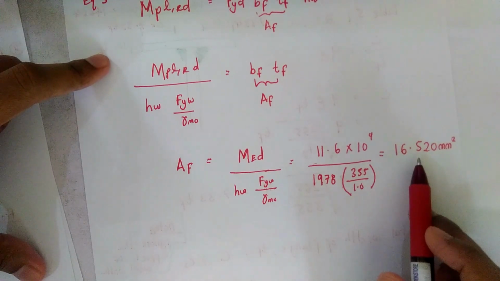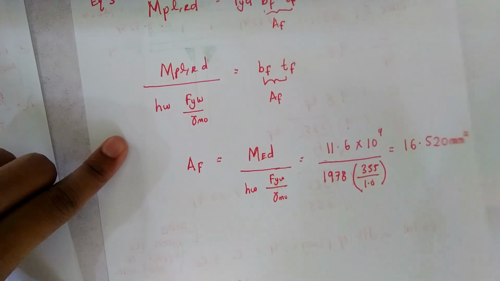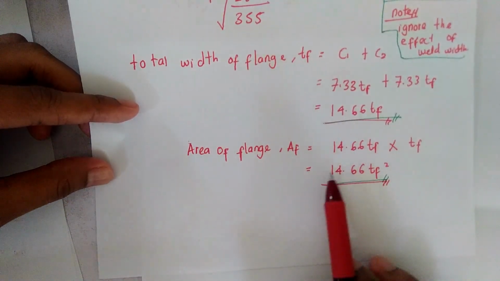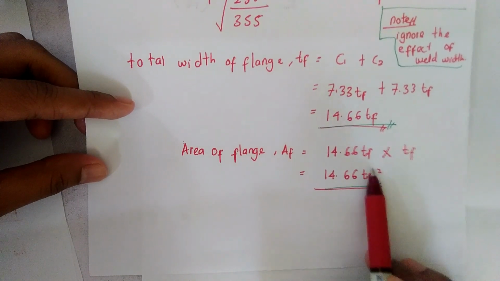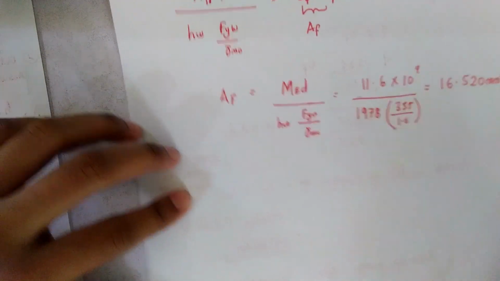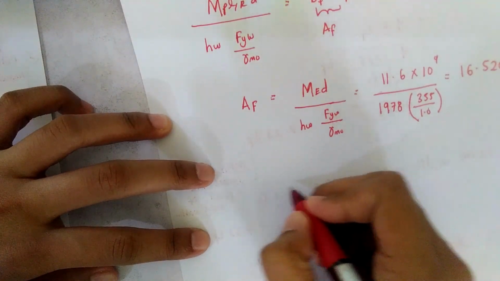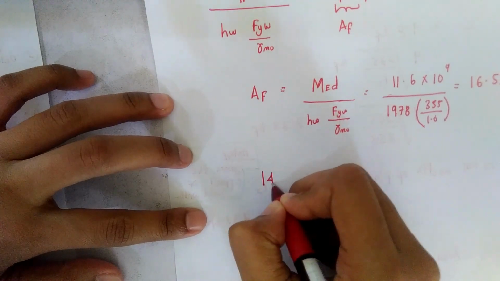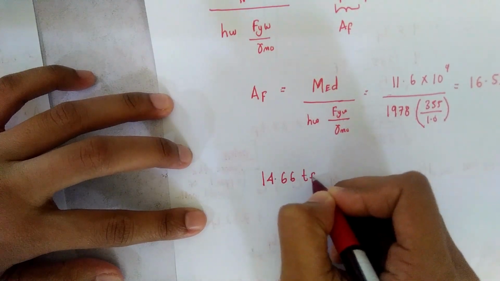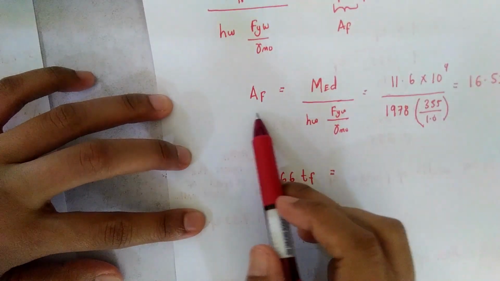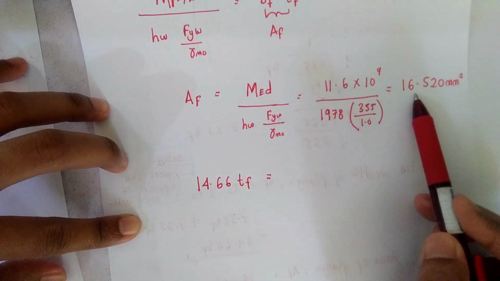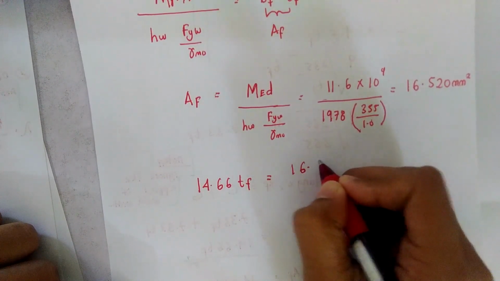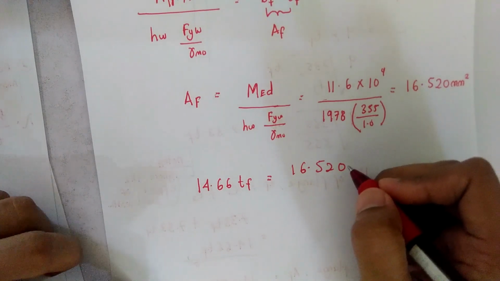So you get the area of flange here is 16,520 millimeters squared. So what you're going to do next, because earlier you know that the area of flange is 14.66 t_f squared, you do the equivalence whereby 14.66 t_f squared is equivalent to the area of flange that you have calculated, which is 16,520 millimeters squared.